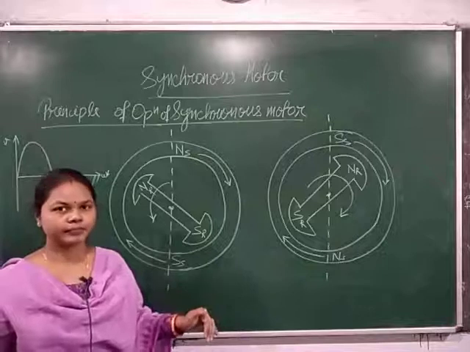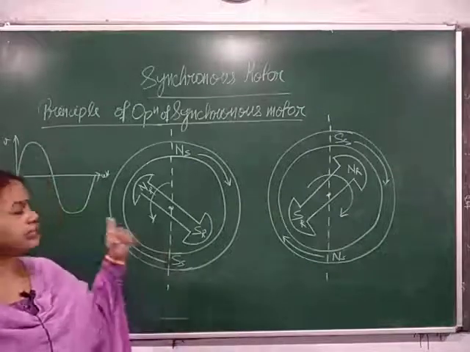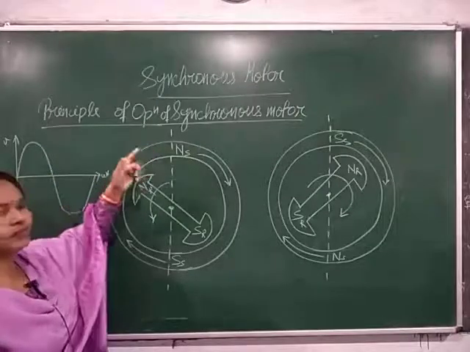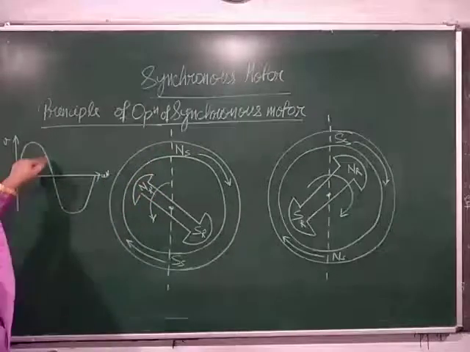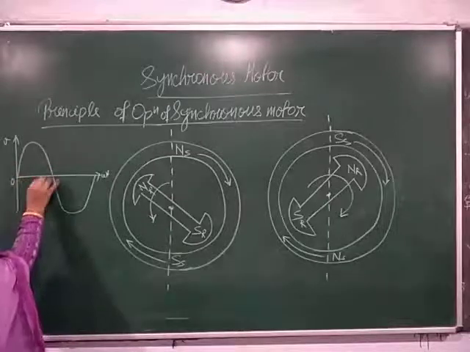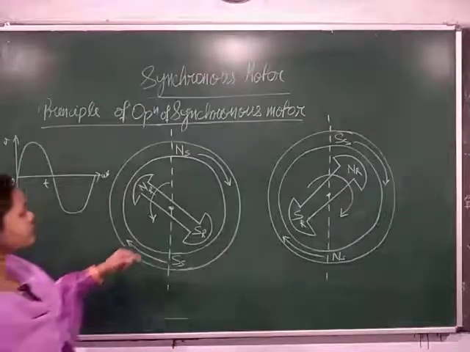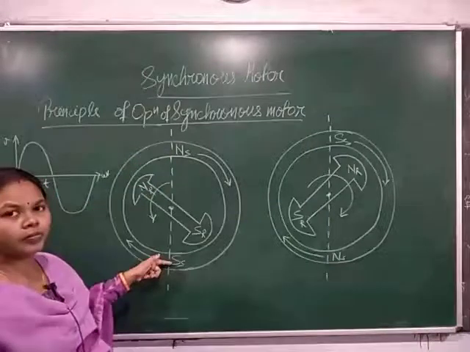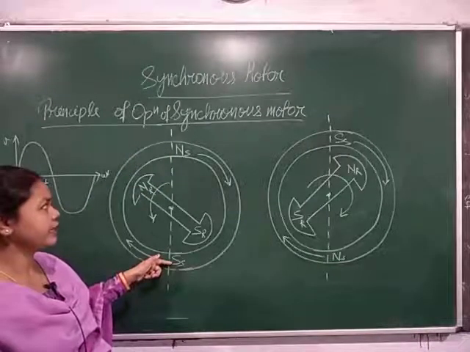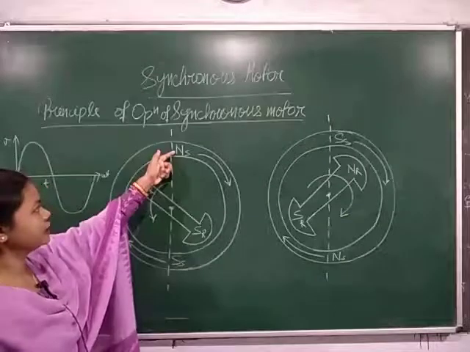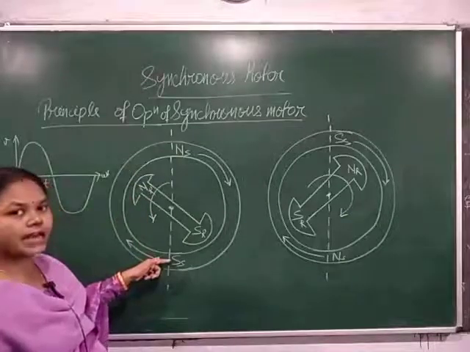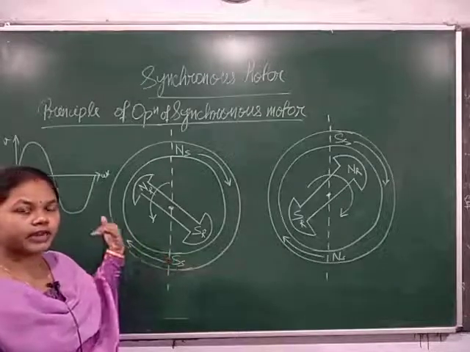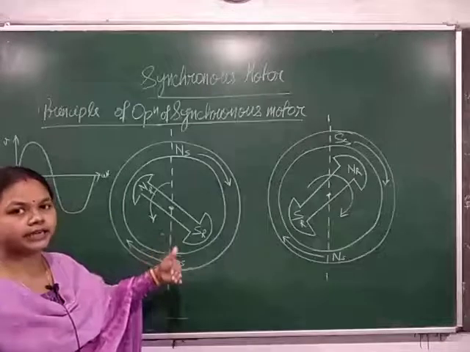So when you give three-phase AC supply to the stator winding, suppose in the first half cycle, 0 to T time, this becomes a north pole and this becomes a south pole of the stator winding. Again I repeat, this becomes a north pole and this acts as a south pole in the first half cycle when you give AC supply and the rotating field is created.